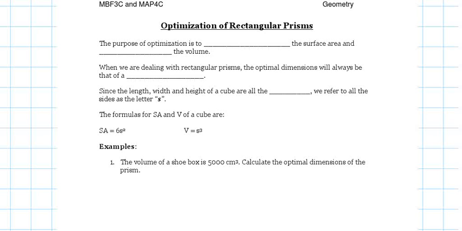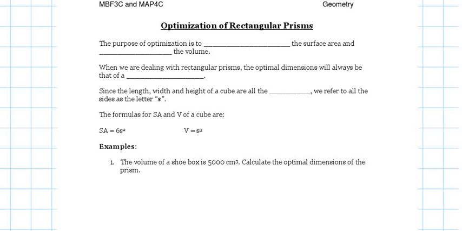We talked yesterday about how, if I give you a certain perimeter, a certain length, and I want you to make a shape out of it, a square or a rectangular shape, what did you figure out with the area? What gave you the maximum area? What shape? A square.